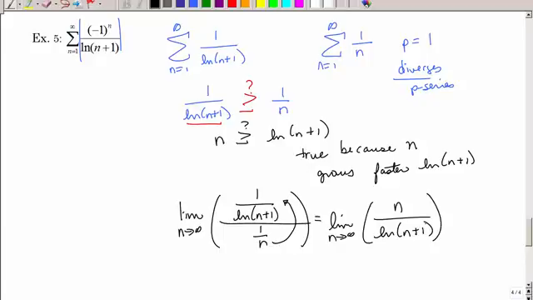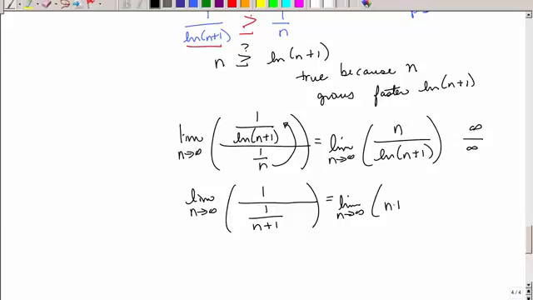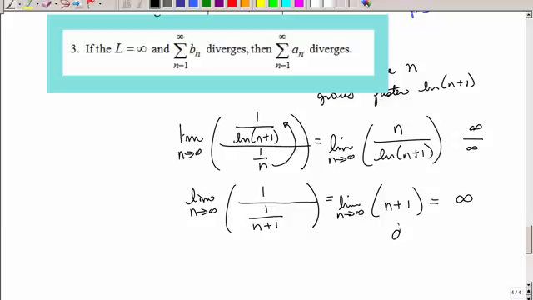Ooh, if the limit goes to infinity, I have infinity over infinity, so I could use L'Hopital's rule. So the derivative of the numerator is 1. The derivative of the denominator is 1 over n plus 1. That simplifies to this. And as n goes to infinity, we get infinity. So that means this diverges by the limit comparison test.